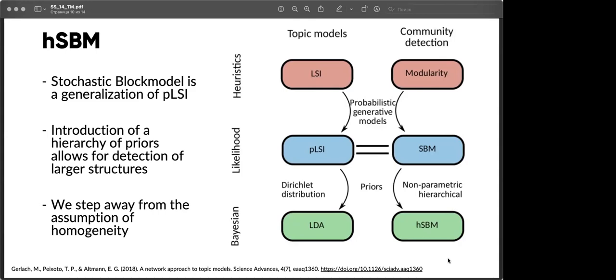And then they suggest that for development of the most optimal topic model for different texts, they should go in a different direction than LDA is going. Because instead of choosing a singular distribution, a singular prior, in this case a Dirichlet prior, they suggest choosing a hierarchy of priors.